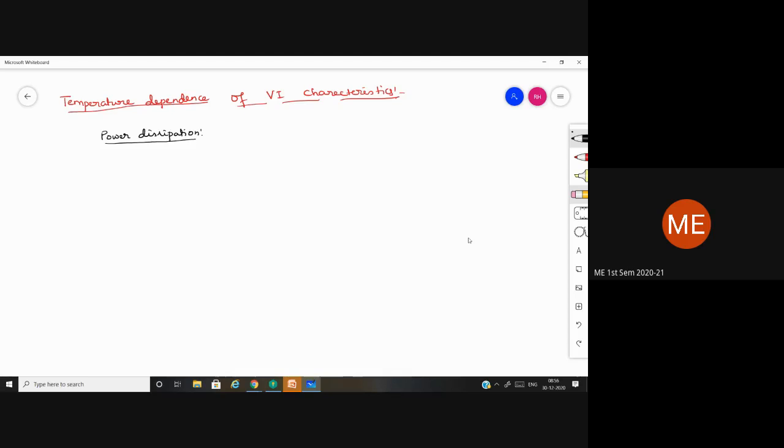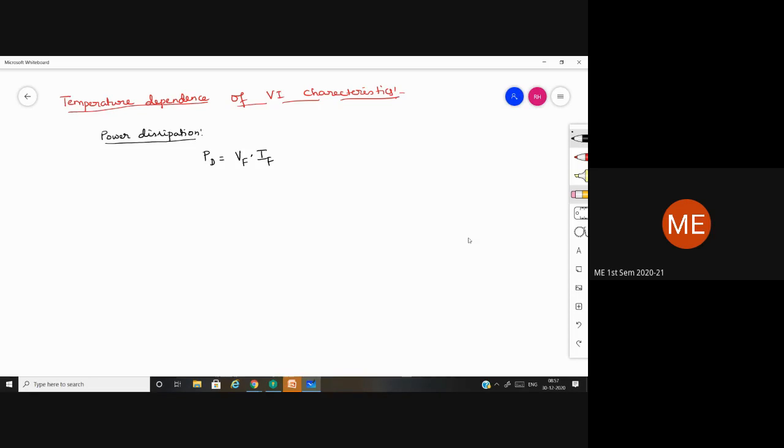This power dissipation is the product of the forward voltage and the forward current of the diode, and that is the power dissipated.